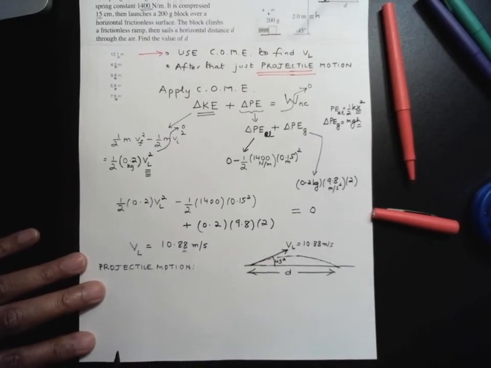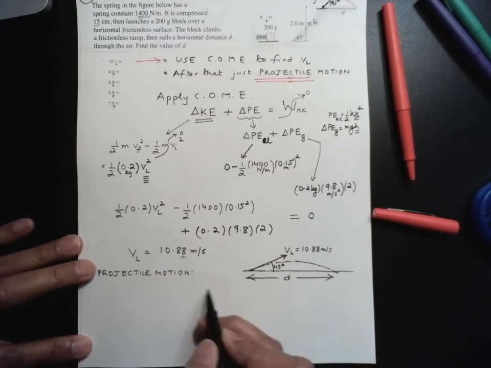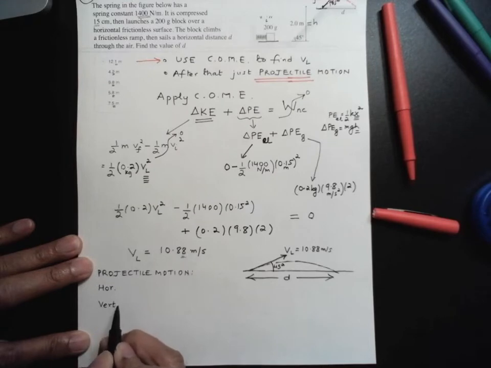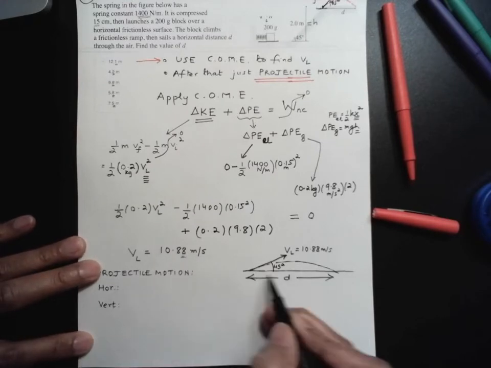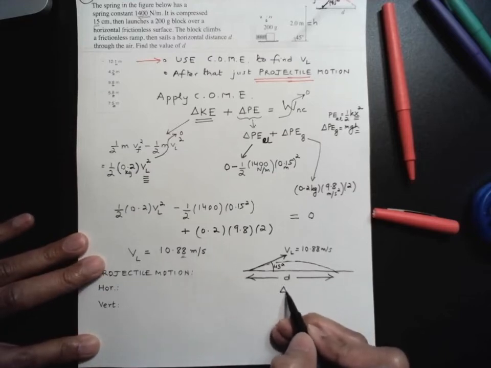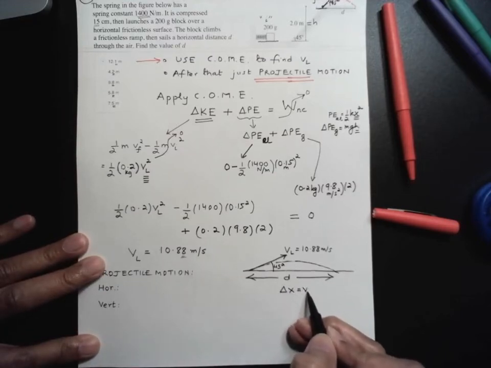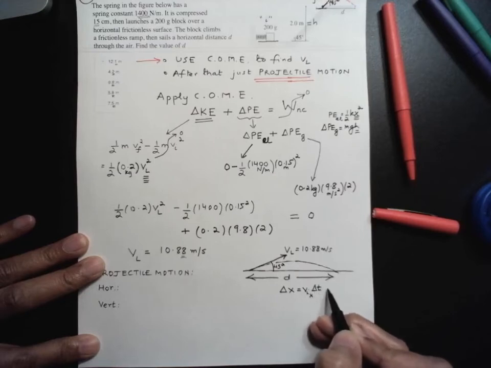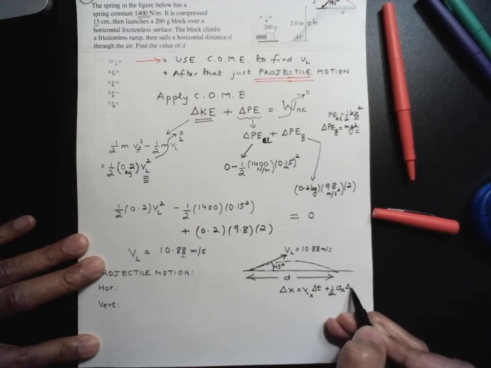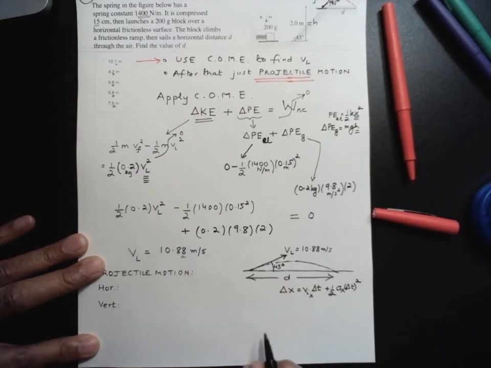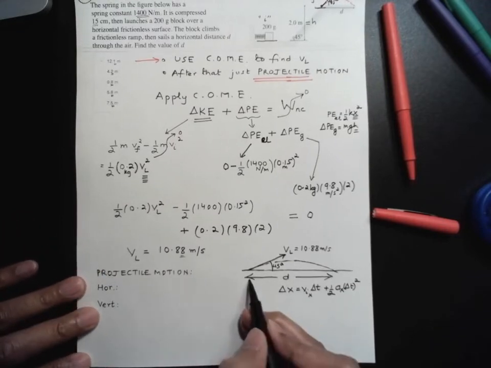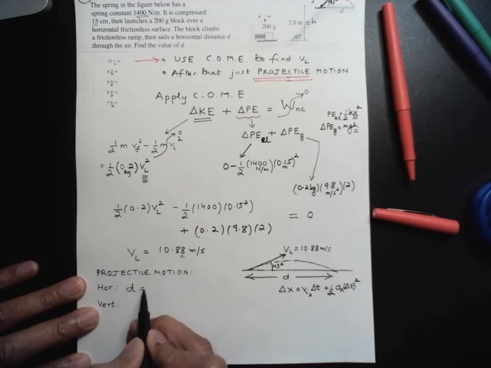And so how do you look at projectiles? You always look at the horizontal motion and the vertical motion, right? Separately. Horizontally, all you're applying is that formula: delta x equals v initial in the x, delta t plus 1/2 acceleration x, delta t squared. And of course, you can also have the y, right? If I apply this in the horizontal direction, then d is the distance I moved out horizontally.